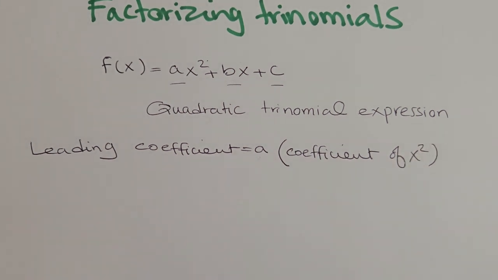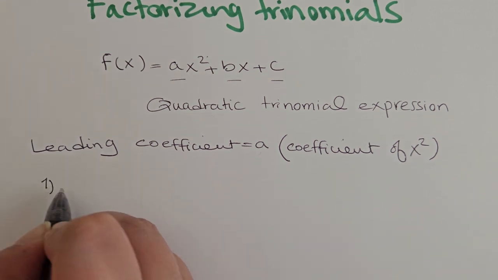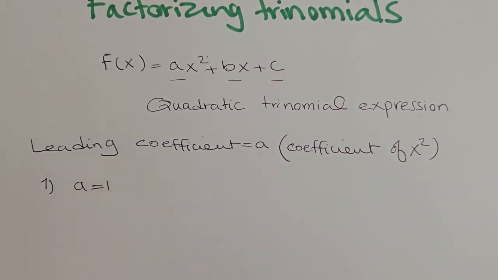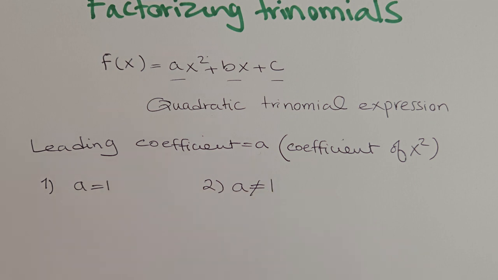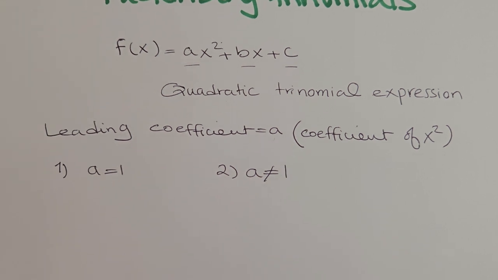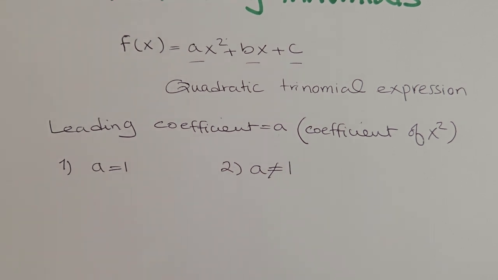When we're discussing factorizing trinomials, we will consider two general categories. First, when the leading coefficient is 1, and then the other category is when the leading coefficient is not 1. For a start, let's talk about when the leading coefficient is 1.